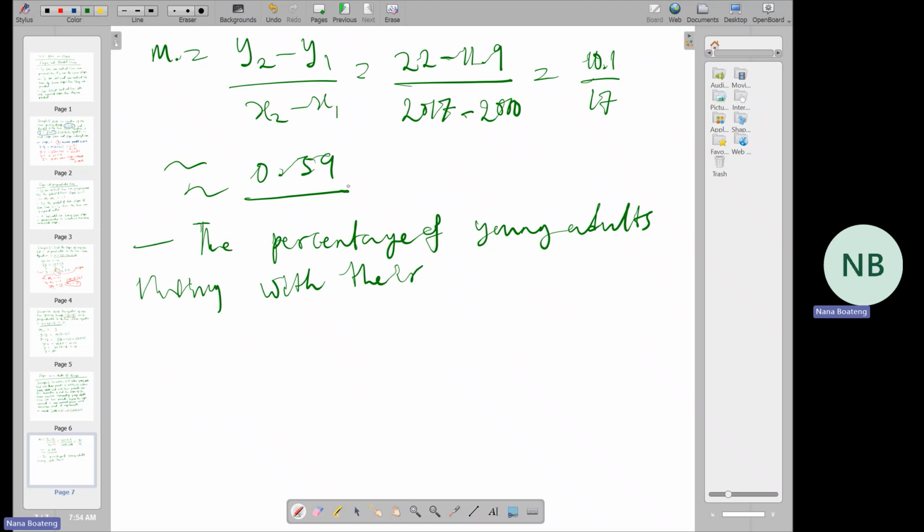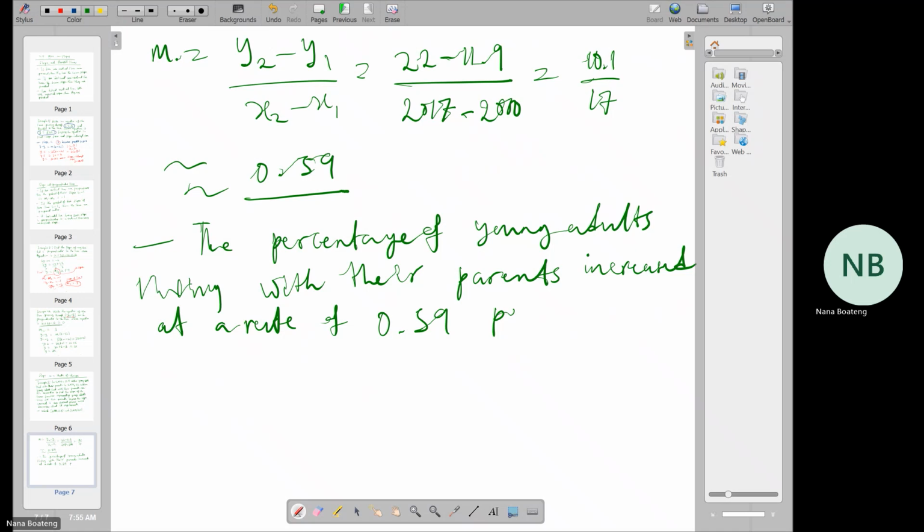So the percentage of young adults living with their parents increased at the rate of 0.59 a year. So every year, the rate of change is 0.59.